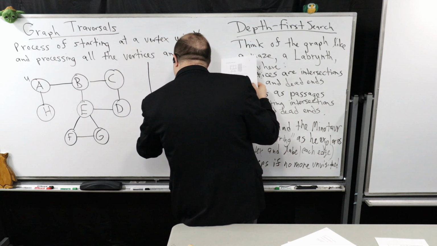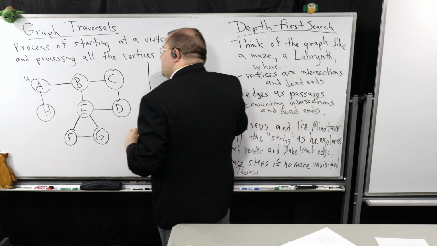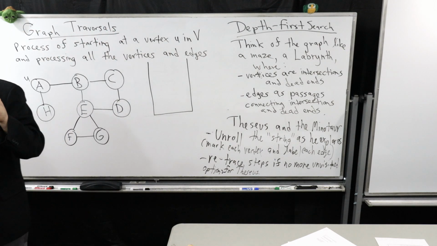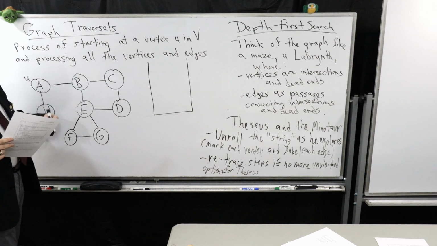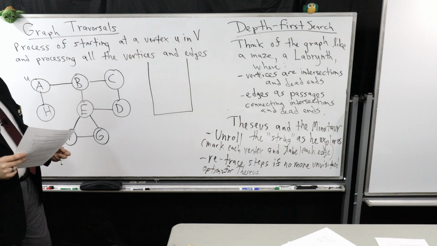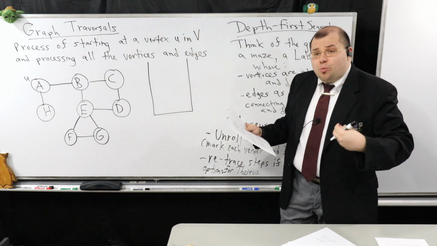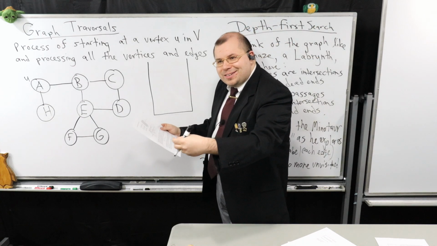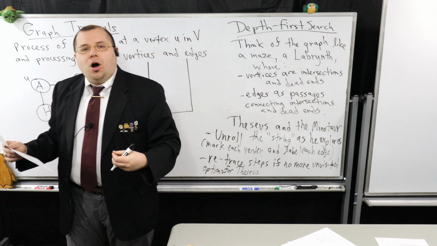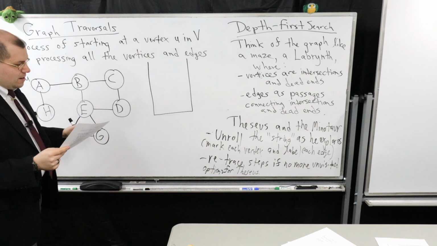I want you to imagine that every time I examine a brand new vertex, I'm taking one step into the maze, and each one of these is a call, recursively speaking.